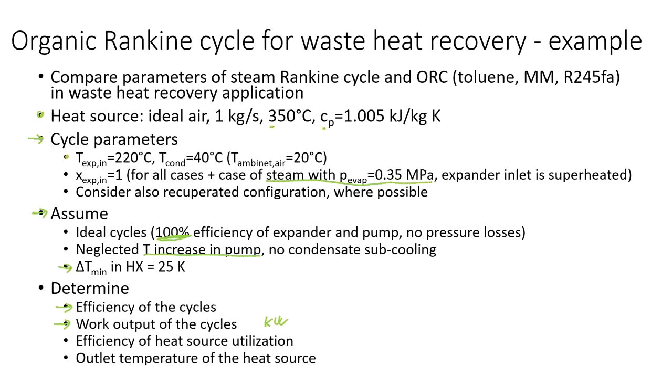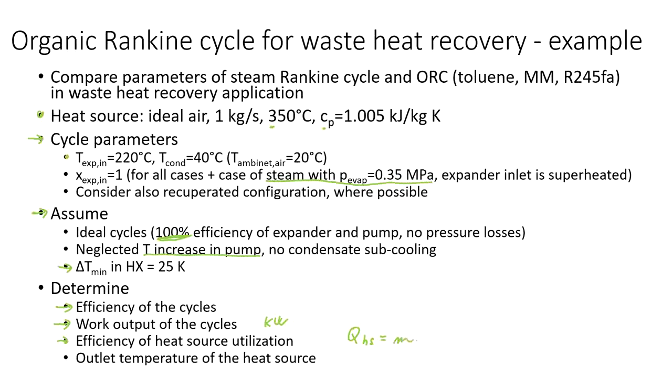For the efficiency, we will not just calculate the efficiency of the cycle, but also the efficiency of utilization of the heat source. Because the heat source contains some constant amount of heat, we will say that the Q of the heat source is the amount of heat that we could extract from it if the temperature would be decreased to ambient.